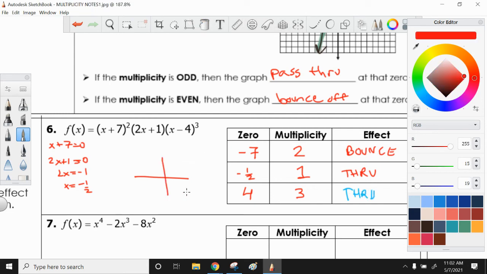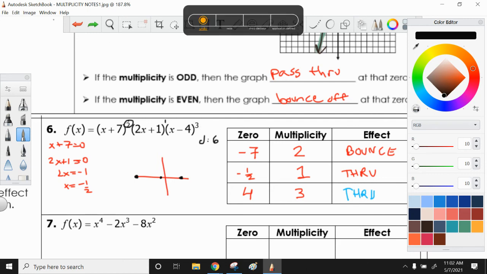Now let's do a little brief sketch of how this function would look. We know that at negative 7, negative 1/2, and positive 4, we have intercepts. This would be a degree 6 function because we've got 1, 2, 3, 4, 5, 6 roots counting multiplicity.